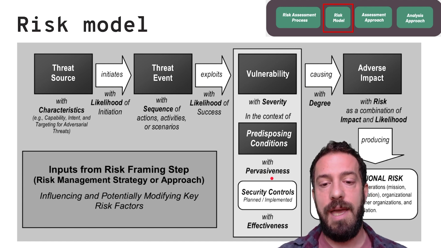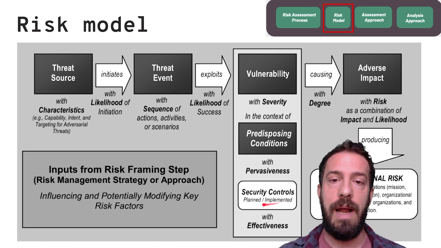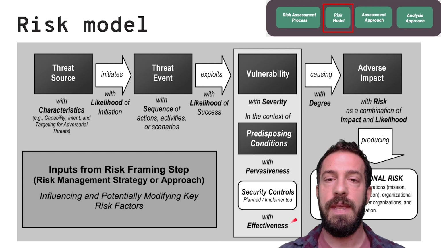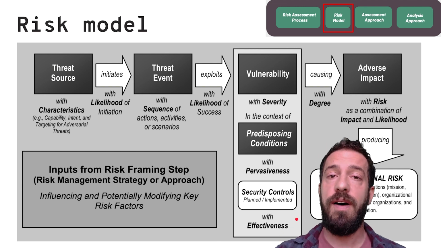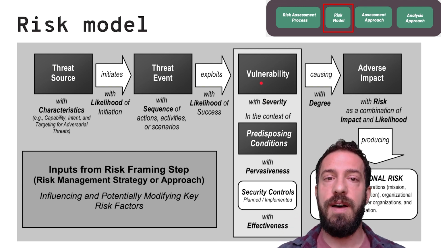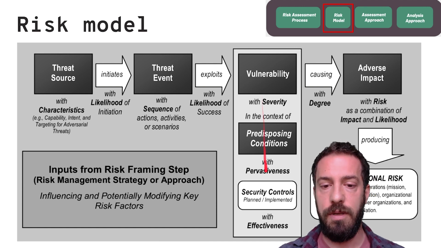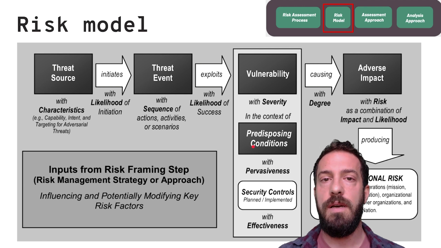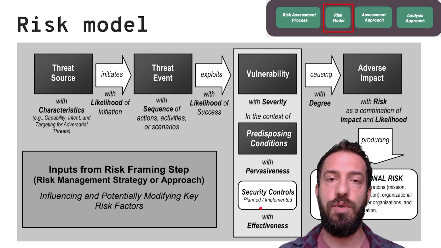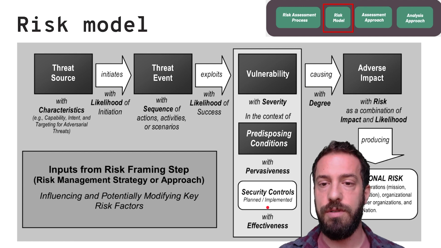At the same time, we have some security controls, either planned or implemented, with some effectiveness. So if we have a proper firewall in front of the vulnerable device, then the risk is reduced compared to the lack of a firewall. So this is the step where we understand the vulnerability in the context of the conditions it exists in and assuming the security controls.